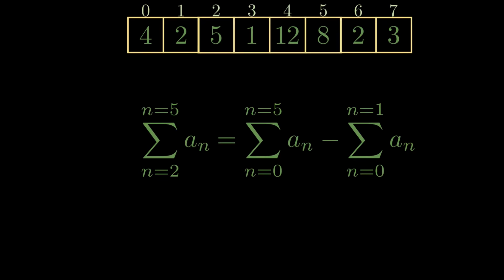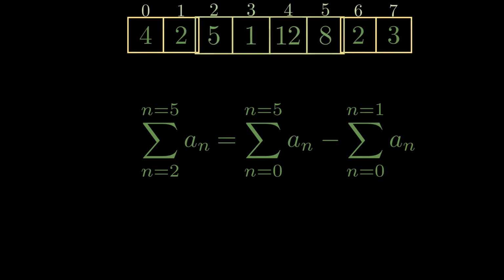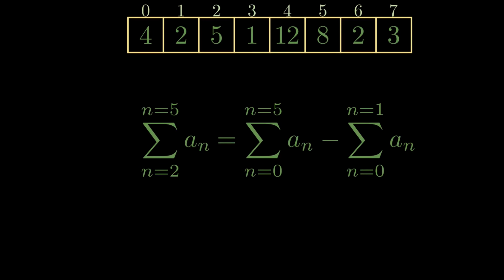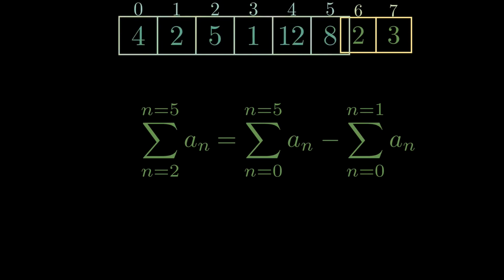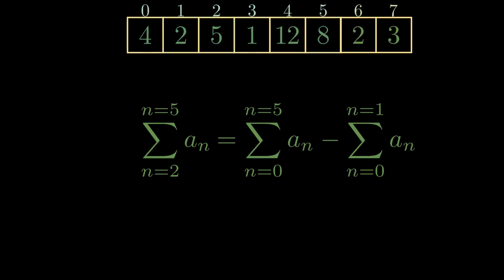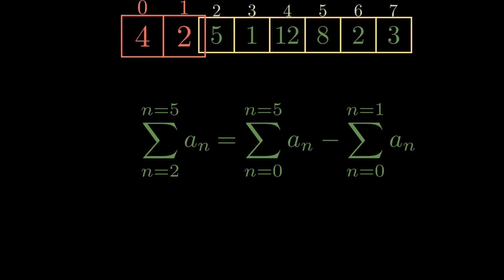So the block in green is the sum from 2 to 5 of A of n. And this block in blue is actually the sum from 0 to 5 of A of n. And finally, the difference between the two blocks is this block in red, which is the sum from 0 to 1 of A of n.